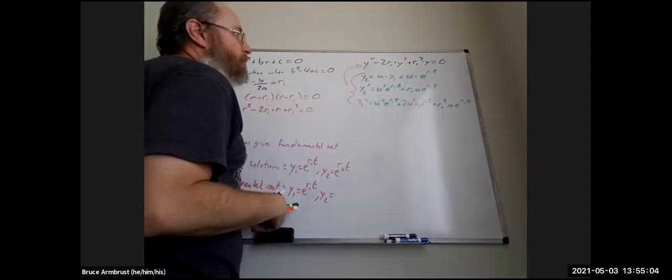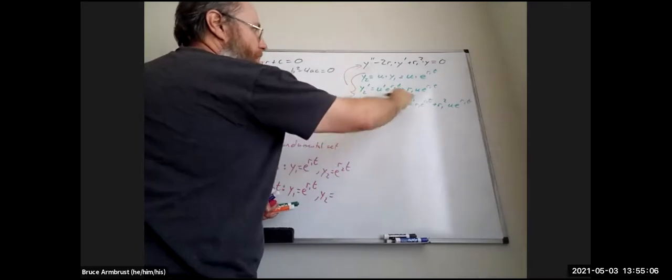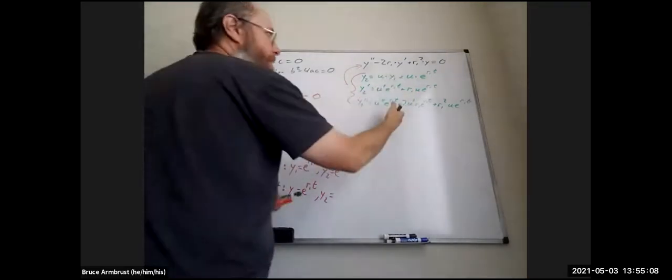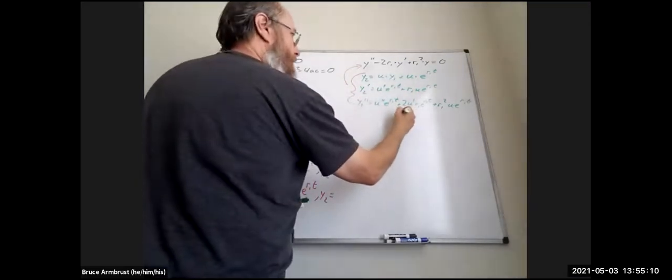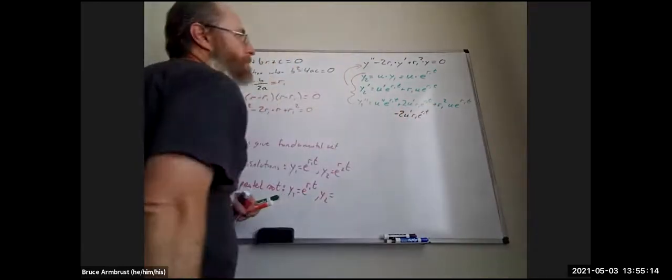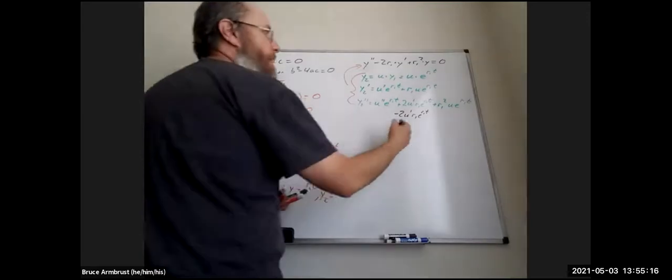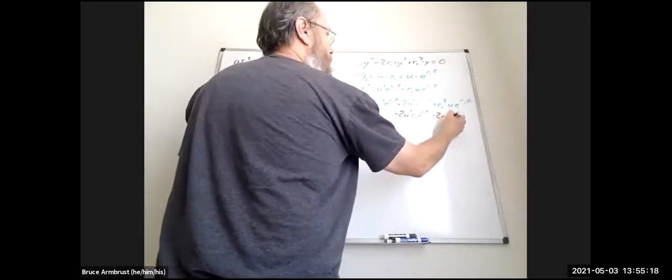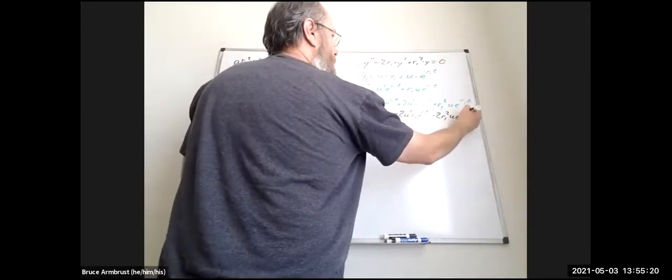We're then going to subtract 2r1 times this other thing. So I'm going to stack them up. So we get a minus 2 u prime r1 e to the r1t, and then minus 2 r1 squared u e to the r1t.